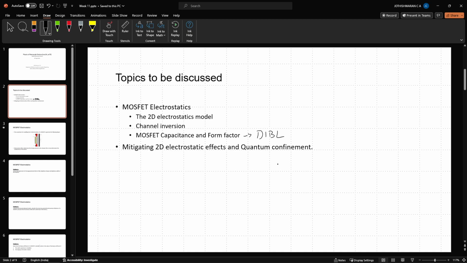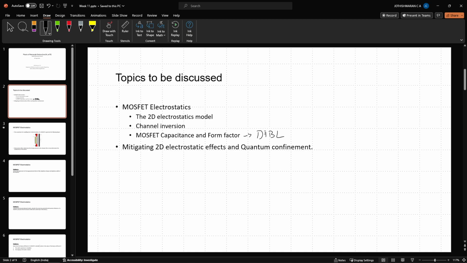So this week essentially sums up a good deal of what has been done in our previous weeks outside of, say, the Landauer transport model. And this kind of drives at the central theme of this course.